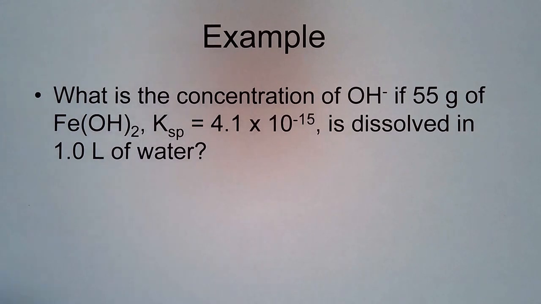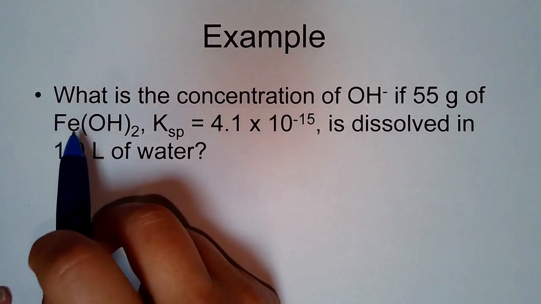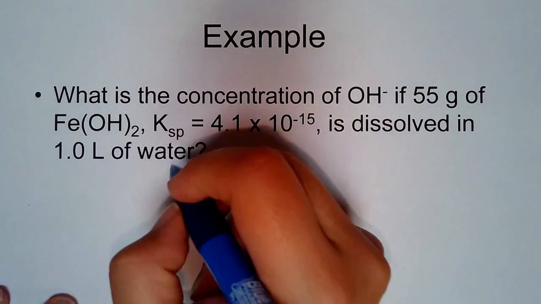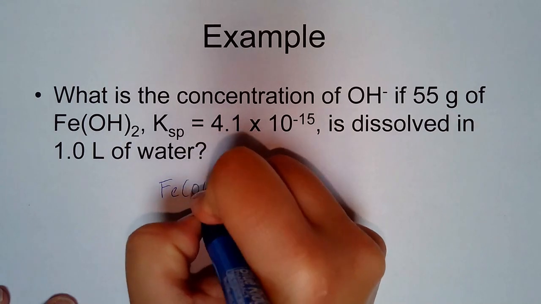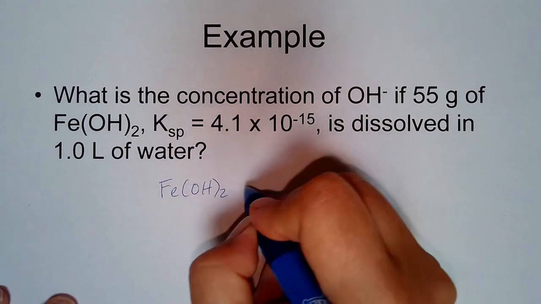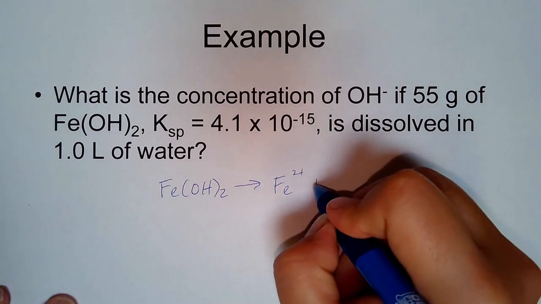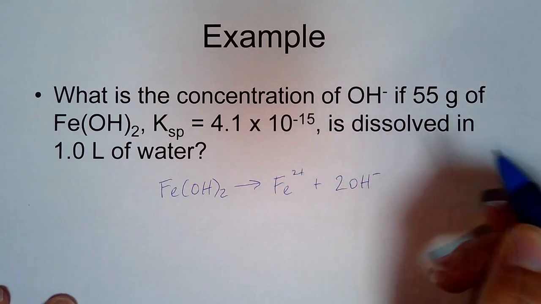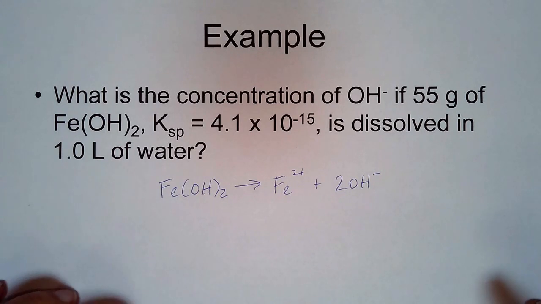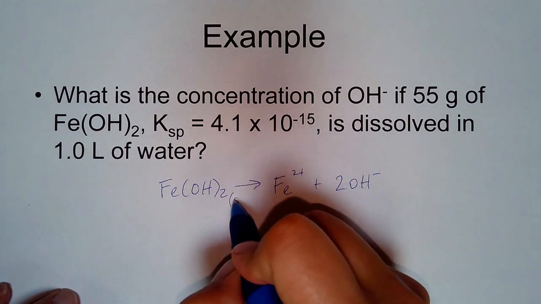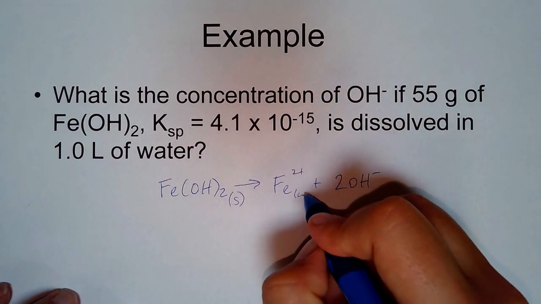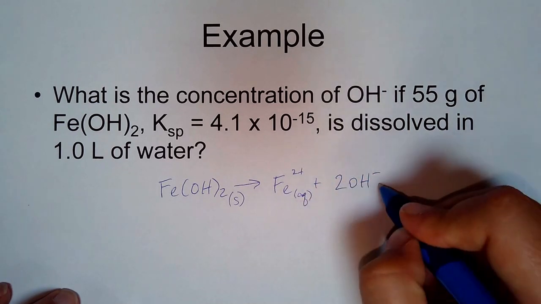So in the case of the FeOH2, I know this is going to break down into an iron 2+ ion and 2 OH- ions. This side is the solid. These ions are aqueous. So in terms of the equilibrium concentrations, all I care about are the products.